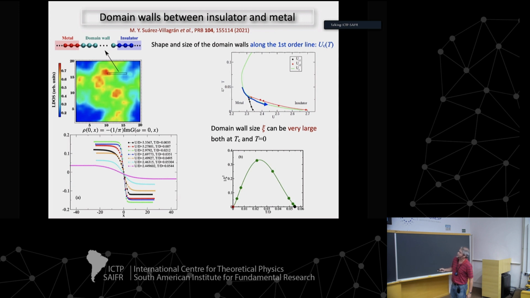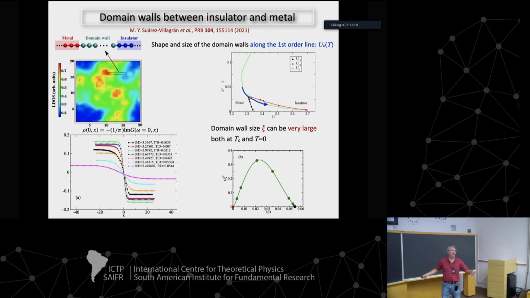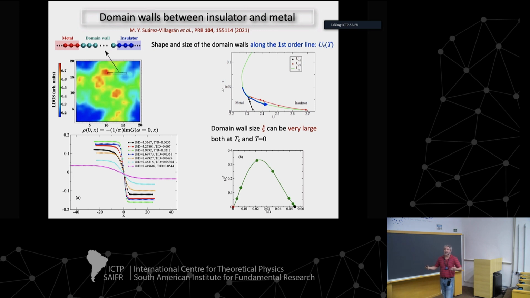You can see that, for instance, as you approach the critical point, which is this pink line, the width of the domain wall becomes very large, and that's absolutely to be expected. The correlation length is diverging as you approach the critical point. This should be very large. So this is the inverse of the domain wall size. As you approach the critical point, this should go to 0.